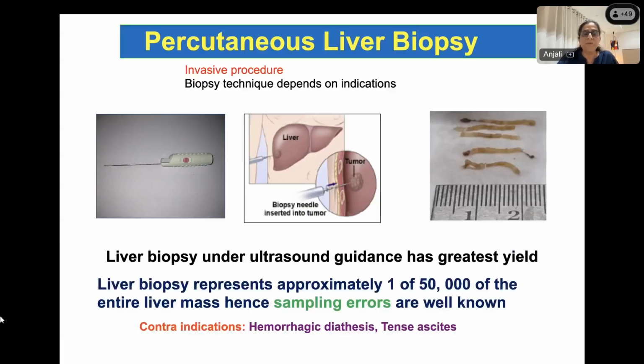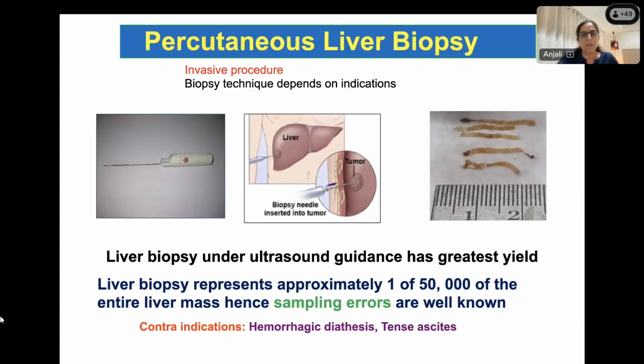But remember that a liver biopsy represents approximately 1 in 50,000 of the entire liver. And hence, it has its own sampling errors. So the clinicians as well as pathologists must know about the sampling errors which can occur in liver biopsy. Now, there are certain contraindications of percutaneous liver biopsy, which is very commonly done.